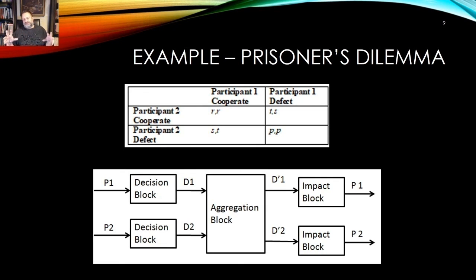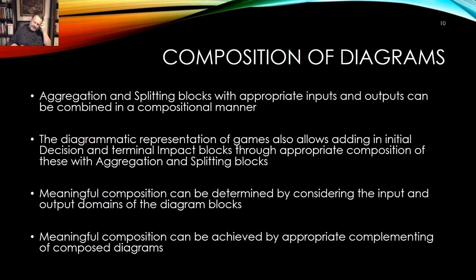Now, to represent this game using the proposed diagrams, you see it in the lower half of the page. You have the two participants, the decision blocks which generate their decision, then the aggregation block which transforms the decisions into the payoffs, and then the impact blocks which calculate the impact of each payoff on the two participants in this case. Where does this become useful?